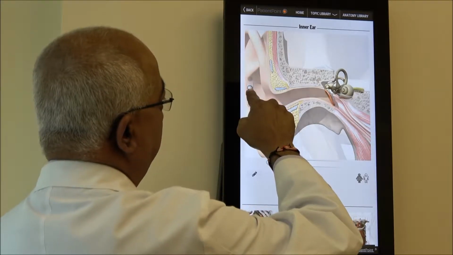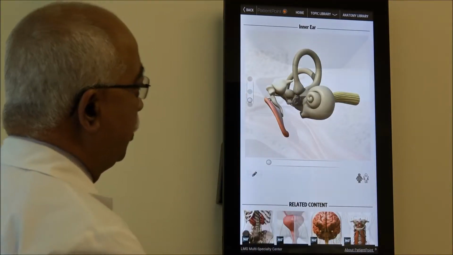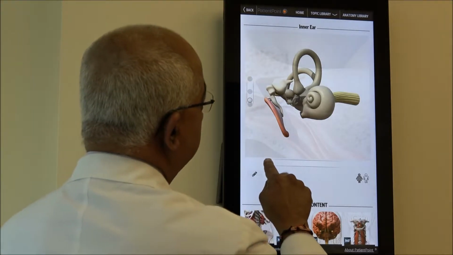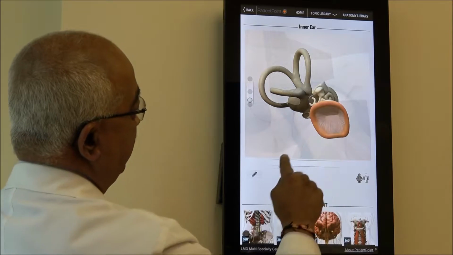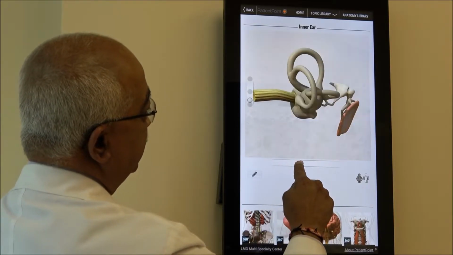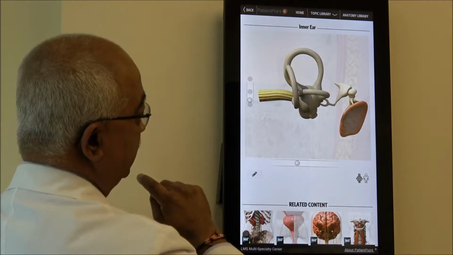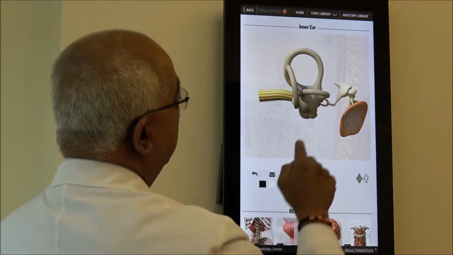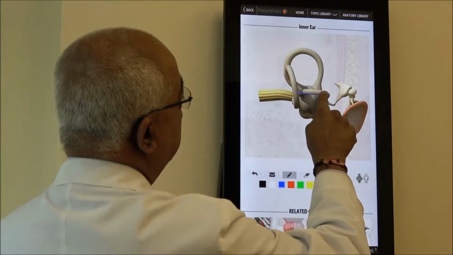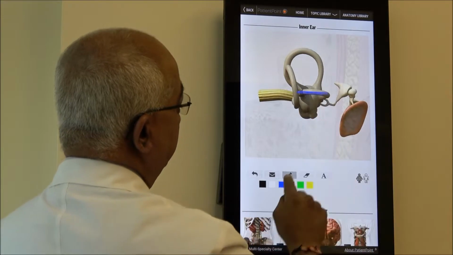And if I make this all go away, you have a blown up picture of the labyrinth, which I rotate in 3 dimensions, and you can see that it has 3 semicircular loops. You have a horizontal loop right here.